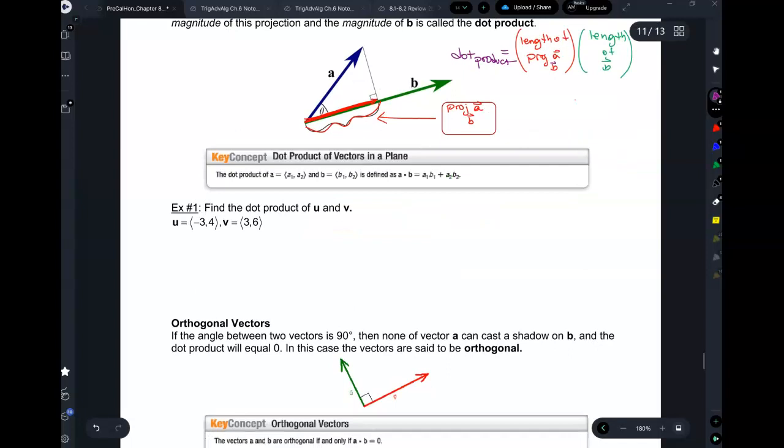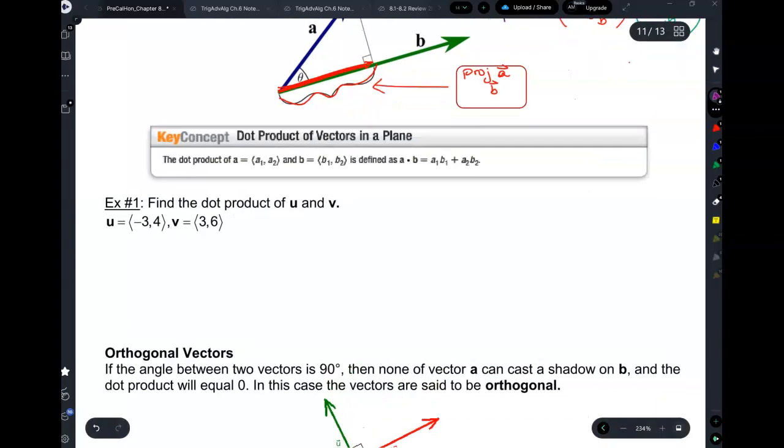Okay. So, how do you find the dot product? It's actually rather simple. If you have vector A in component form, and if you have vector B in component form, what you do is you multiply these two, and then you multiply these two, and you just add the numbers to each other.